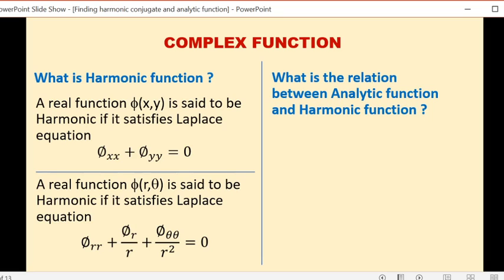तीनों में से कौन सा करेक्ट है? u plus iv is the complex function. इसका imaginary part क्या है? Is the imaginary part v? Is the imaginary part I? Is the imaginary part iv? Omkar says v. Anupam also says v.